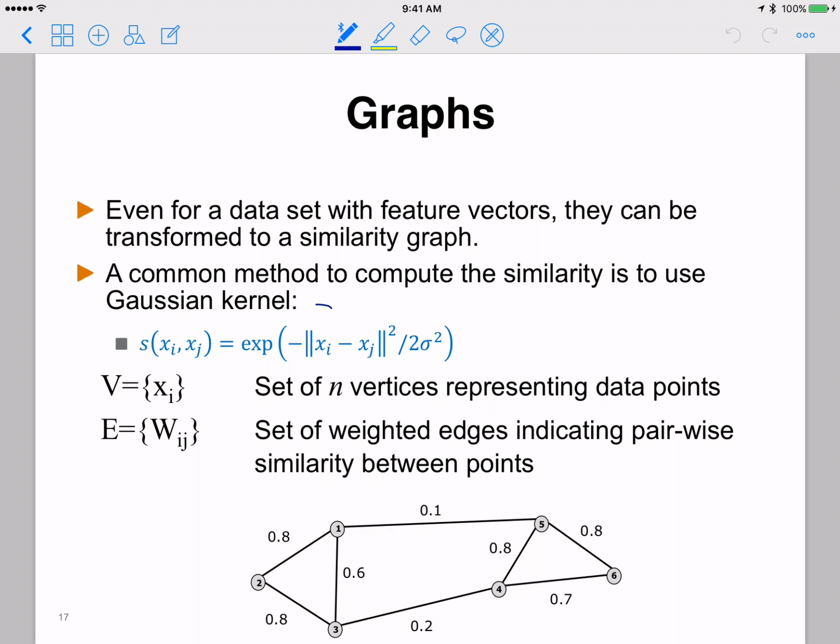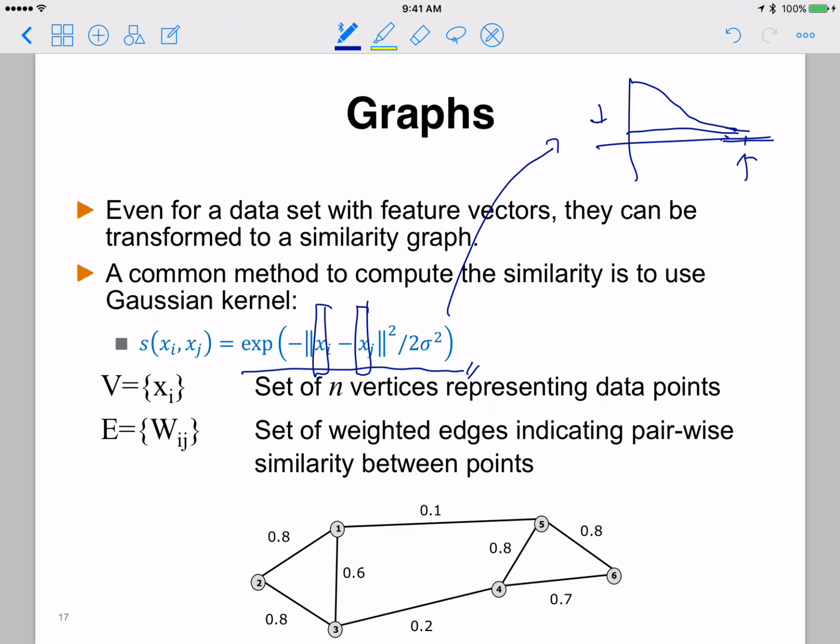If we have two feature vectors, the i-th data item and the j-th data item, we first compute their Euclidean distance, and then convert it using this formula, which is a Gaussian kernel. This function is monotonically decreasing: if the distance gets larger, the similarity becomes smaller.